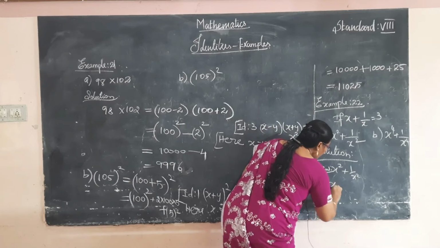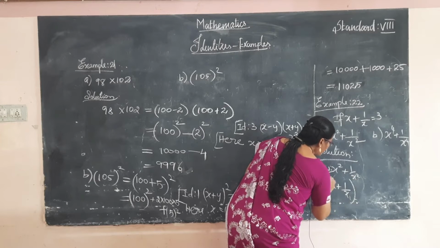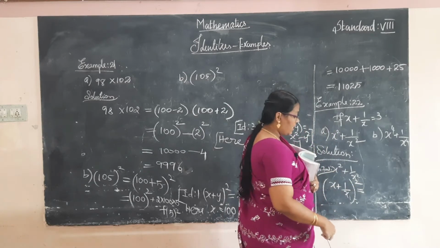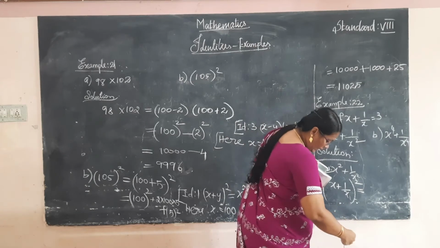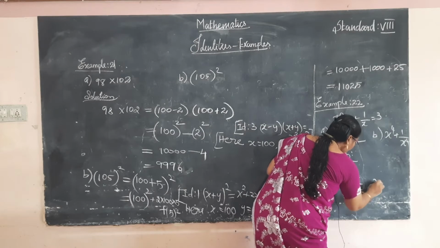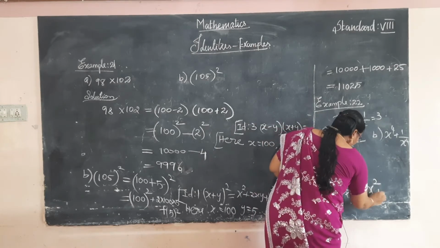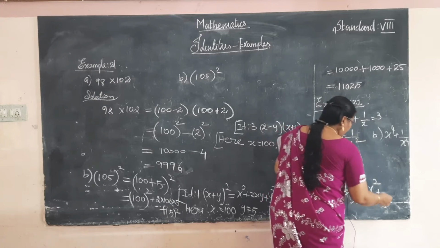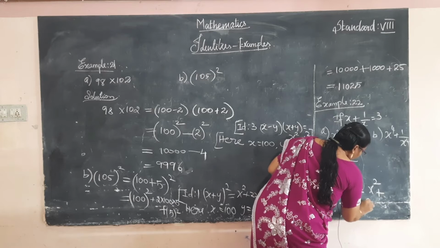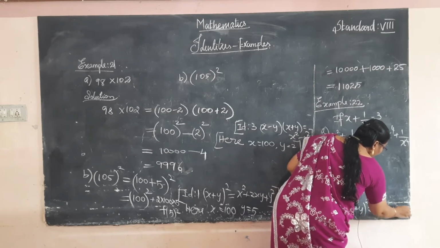Okay, so first write the formula: (x + 1/x) the whole square is equal to... use identity 1. x plus y the whole squared is equal to x squared plus 2xy plus y squared.